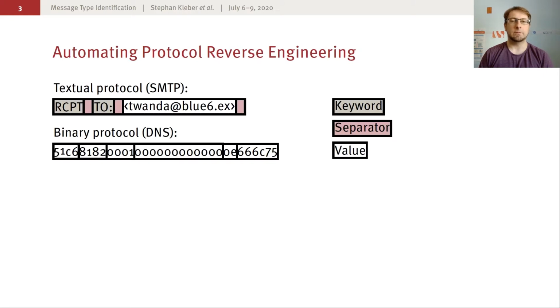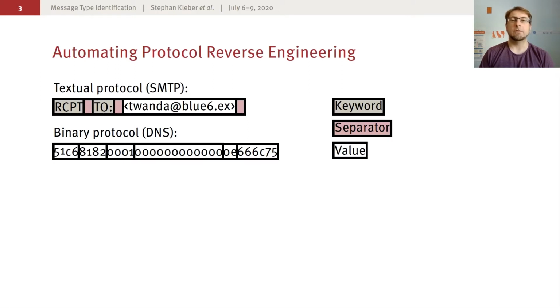To automate protocol reverse engineering, we need to identify the methods that are applicable, and they are dependent on the type of protocol. The major protocol types are textual and binary protocols. Textual protocols contain keywords and separators, clearly delimiting where data values are stored, and probably even allowing to identify the meaning of each of the message parts.